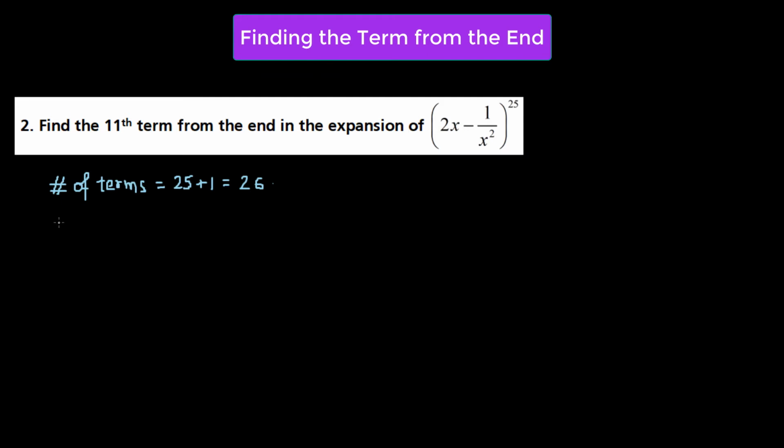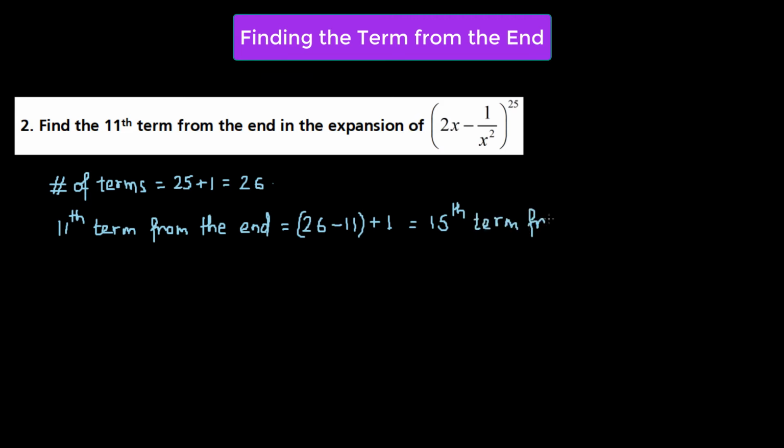Now to find the 11th term from the end, we take the total number of terms, we subtract 11 from it, and then add 1 to it to give us the term number from the beginning. So this will be the 15th term from the beginning, which will be equal to the 11th term from the end.